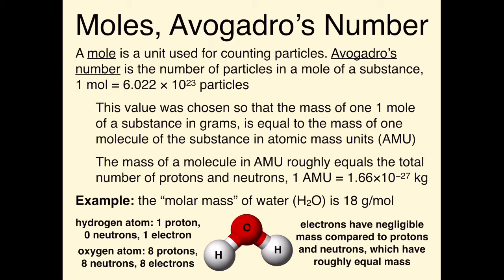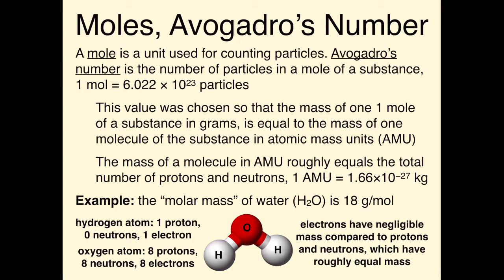Okay, so in the hydrogen atom, I have 1 proton and 0 neutrons, but I have 2 of those atoms. So for the hydrogen, I get 2 atomic mass units. In the oxygen atom, I have 8 protons, 8 neutrons, for a total of 16 atomic mass units.